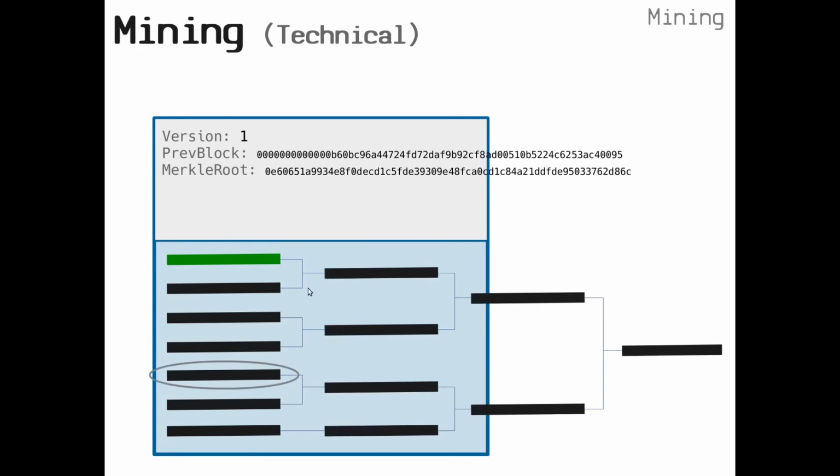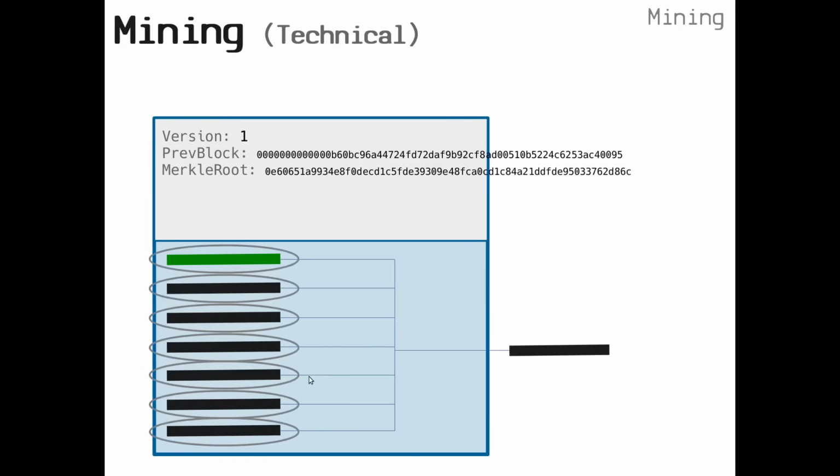But with a Merkle tree, say you want to check the presence of this hash here, all you actually need is this one to create this one, and then you need that one, and then you can create that one, and then all you need is this one up here, and that will give you this Merkle root.